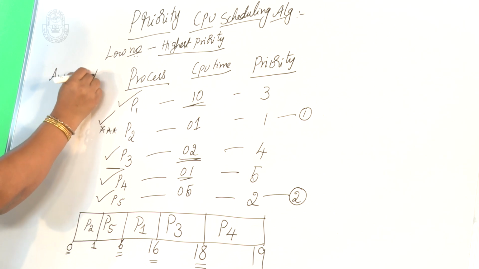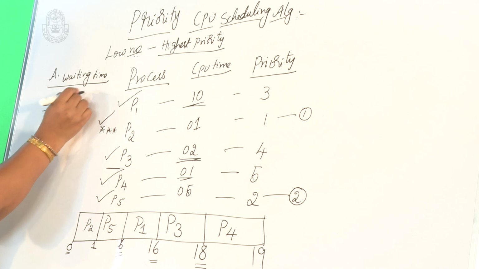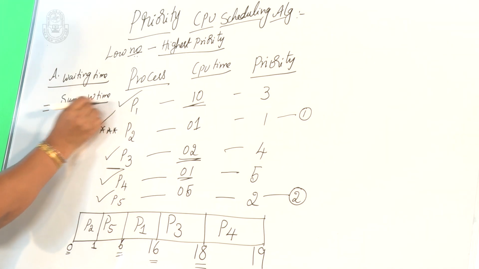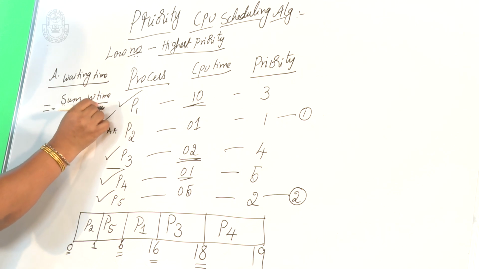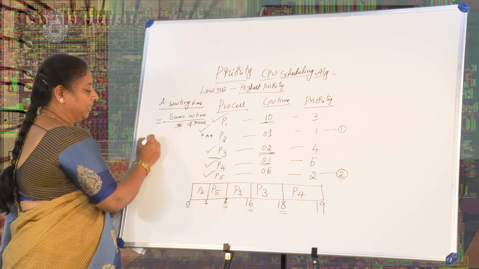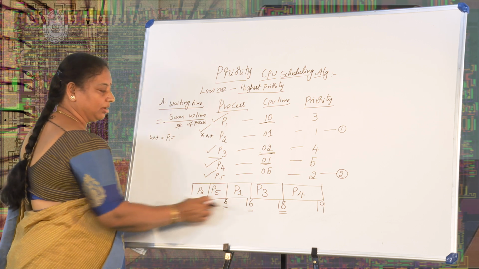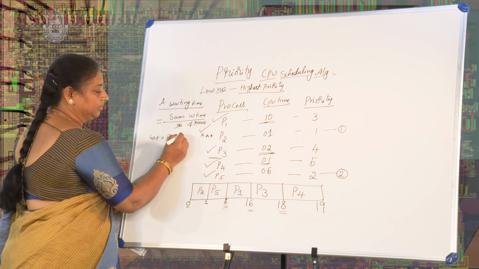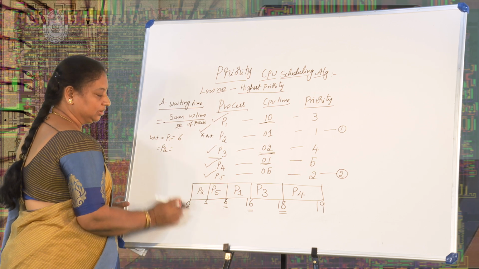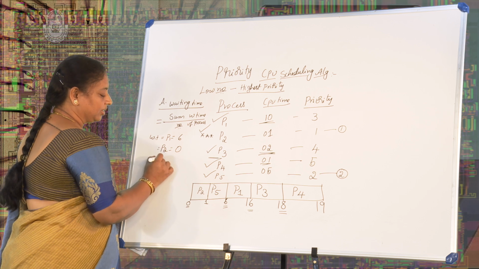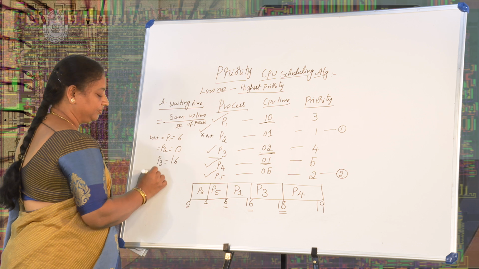So average waiting time is the sum of the waiting times of all the processes divided by the number of processes. So here the waiting time for P1 is 6. Waiting time for P2 is 0. Waiting time for P3 is 16.